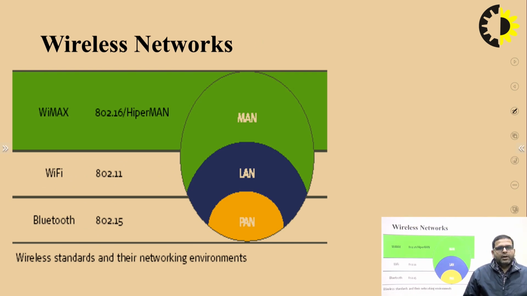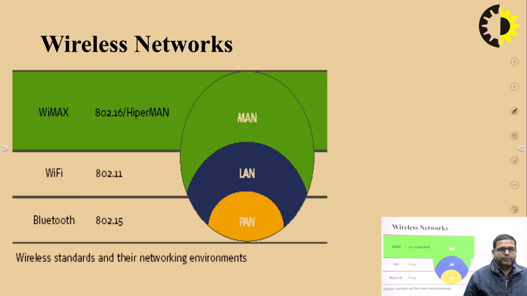In this diagram, we have shown the coverage as well as the classification of these wireless networks. For example, WiMAX technology has a wide area coverage, and it is used in metropolitan area networks.